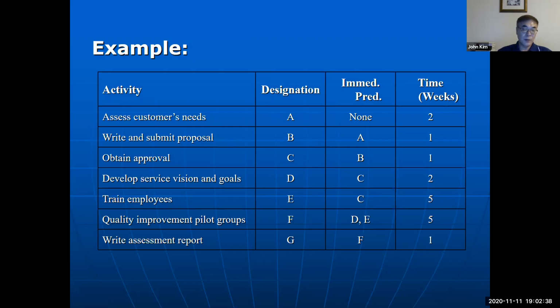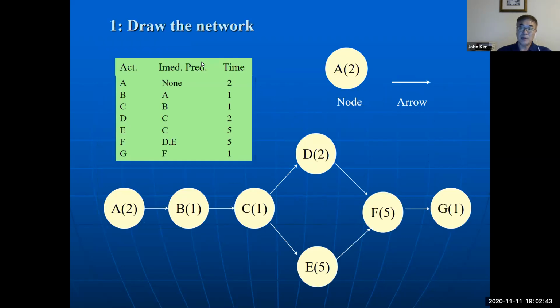Then when we develop the critical path method, there are some steps. First step, draw a network diagram like this, using the information, designation, and immediate predecessor. So A is the starting point, and then B after A. By the way, using node, circle type, and then arrow, we can indicate where it comes from.